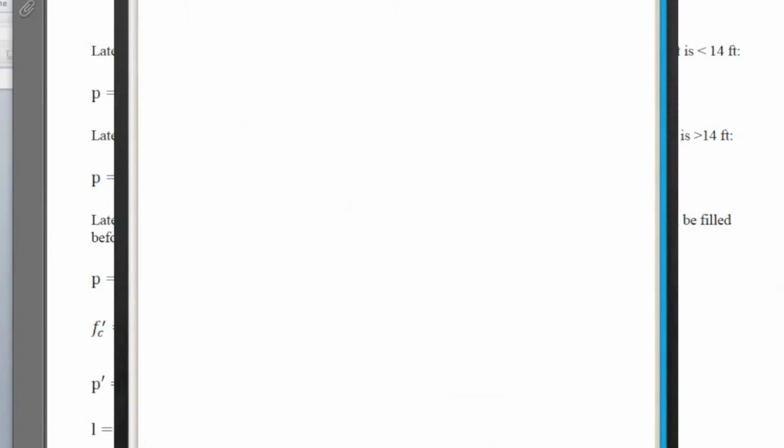So step one is our design load. And that's going to be P equals CW times CC times (150 plus 43,400 over T plus 2800 R over T).